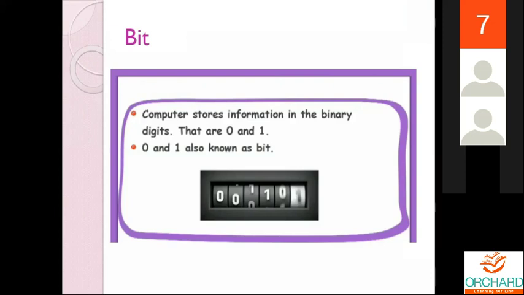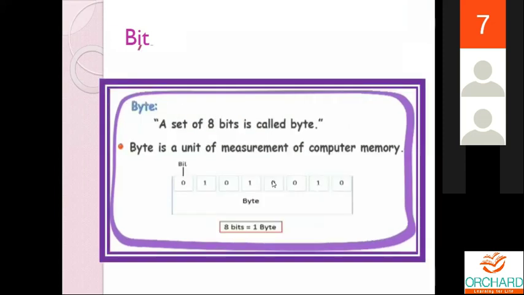These ones and zeros are all bits, or we can say the smallest unit of memory is the bit, that is, it contains zeros and ones. And about byte, 8 bits can store 1 byte. So 1 byte is equal to 8 bits. 1 byte can store only 1 character, so it represents a single character only.